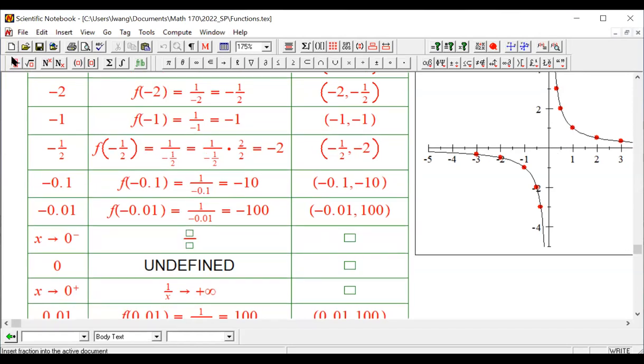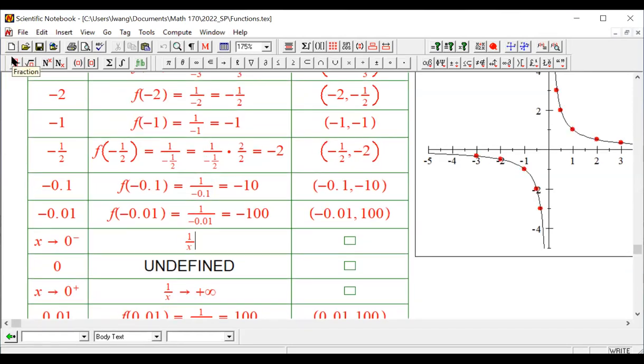The reciprocal approaches negative infinity, which is what we just saw in the picture. So from the numbers, we saw that as the input is approaching 0 from smaller than 0, the output is approaching negative infinity indefinitely. That's what those numbers mean.